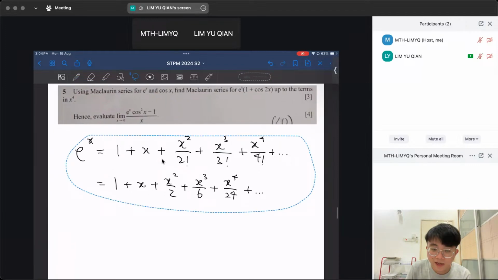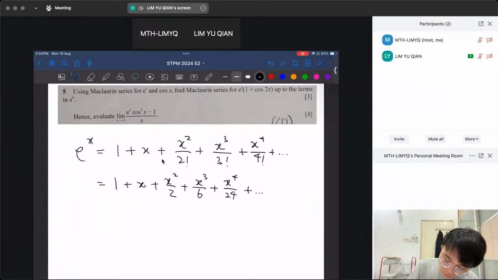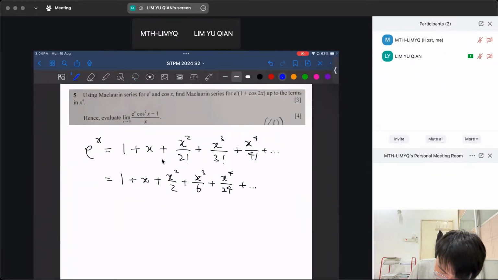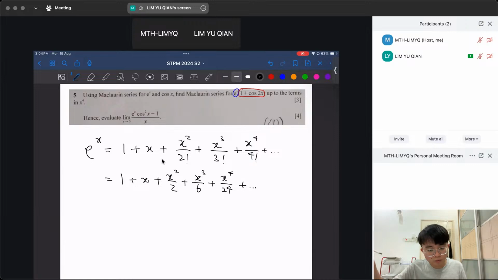After you have done that, you have to multiply the two series. So let's do the first one, e^x, and then 1 plus cos 2x, up to the term in x power 4. You at least need the power 4, because when you multiply, everything else will be higher than that.